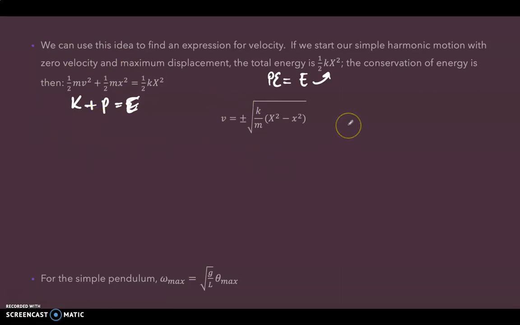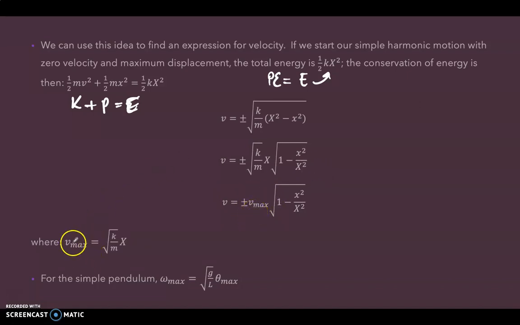And we can rewrite this. Again, this is just through some algebra, so I'm not going to go through the details of it. And a couple more steps of algebra, and then we define our maximum velocity here. We're going to go ahead and just claim our maximum velocity is the square root of k over m times x.